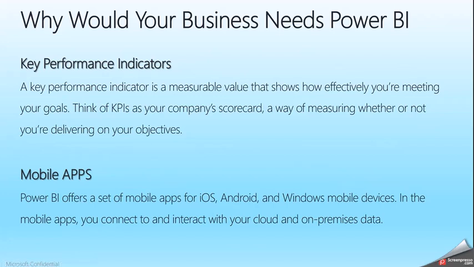A key performance indicator is a measurable value that shows how effectively you are meeting your goals. Think of a KPI as your company scorecard, a way of measuring whether or not you are delivering on your objectives. KPI dashboards are tools that unite data sources and provide at-a-glance visual feedback, showing how your business is performing against your key performance indicators.